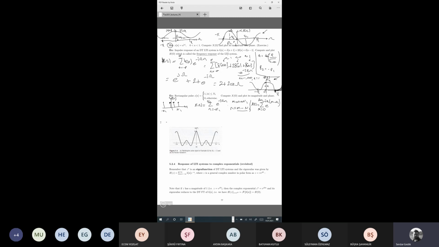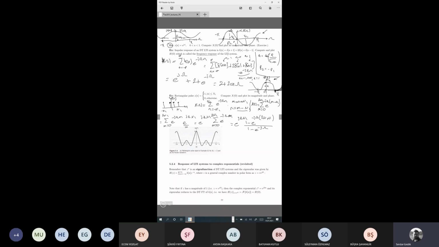This equals the summation over m from 0 to 2N1 of e^(-jωm) e^(jωN1). This does not depend on m, so it simply goes out: e^(jωN1) times the summation over m from 0 to 2N1 of e^(-jωm). So this is equal to e^(jωN1) times (1 - e^(-jω(2N1+1))) over (1 - e^(-jω)). Last week I actually explained this evaluation to you.